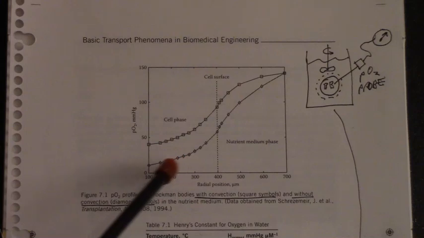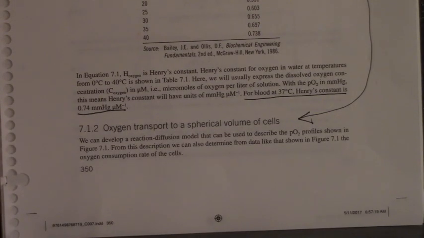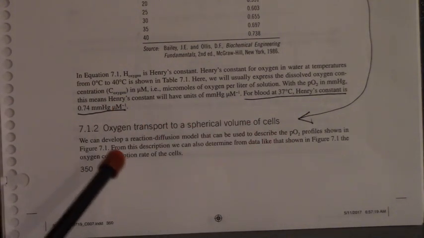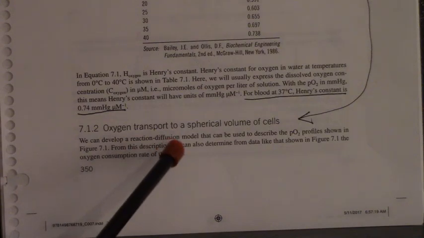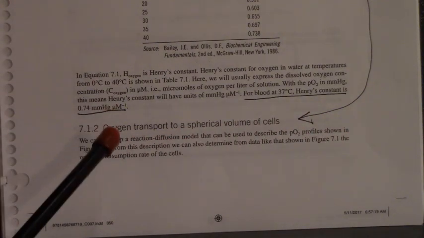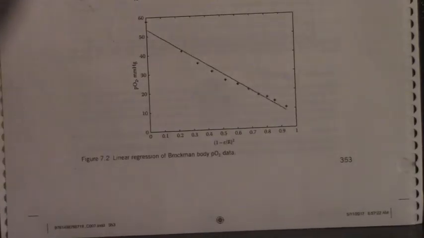In other words, from this data, can we make a prediction of what the oxygen consumption rate is within the cells? And that's what's talked about in this next section here, oxygen transport to a spherical volume of cells. We can develop a reaction diffusion model that can be used to describe the PO2 profiles that are shown in figure 7.1. So let's see how we would do that.